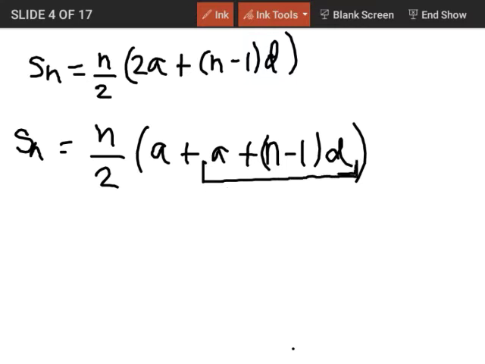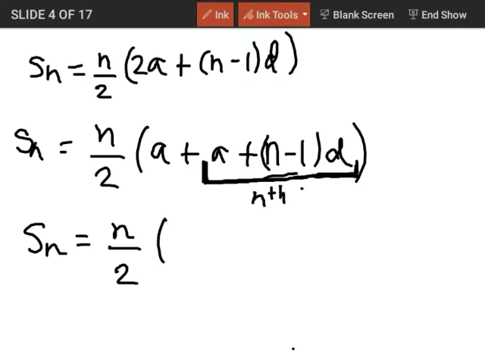Do you see something common here? I have taught you something like this. Yes sir, we see that this is nothing but the last term, the nth term, right? I told you that the nth term is nothing but a plus n minus 1 into d, where a is the first term and d is the common difference.